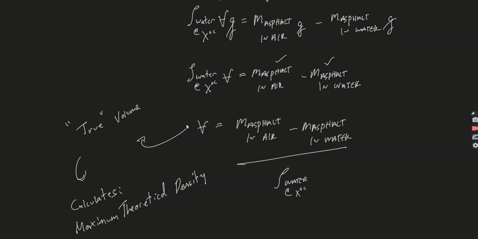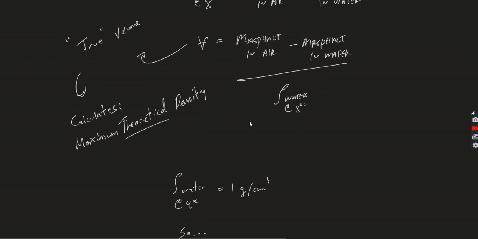This value means something. It's basically the true volume that will calculate the maximum theoretical density. The value you're going to get at the end of this is still a theoretical density, because you can't have zero air voids within your specimen. However, this is the true volume that will calculate the density, not specific gravity.